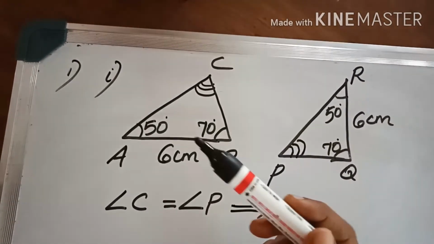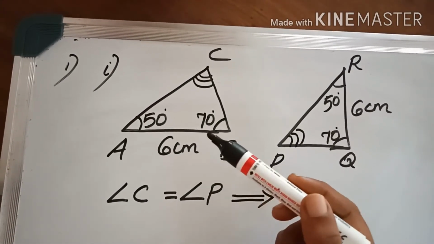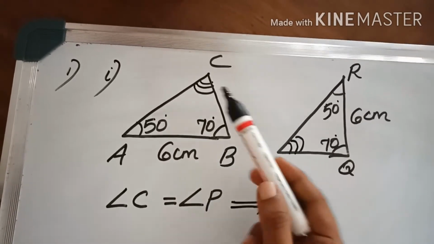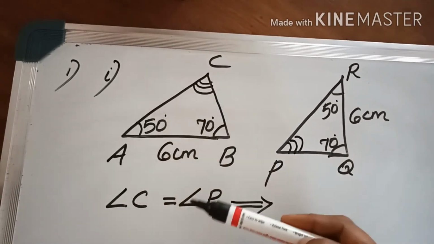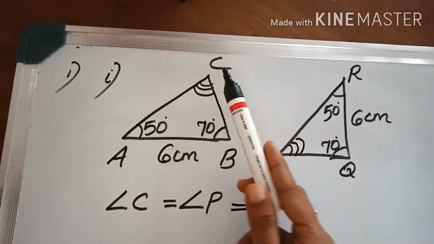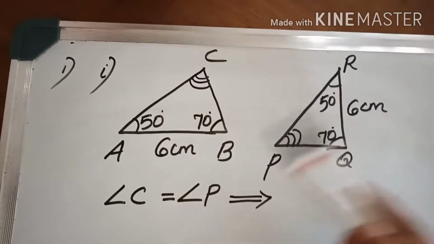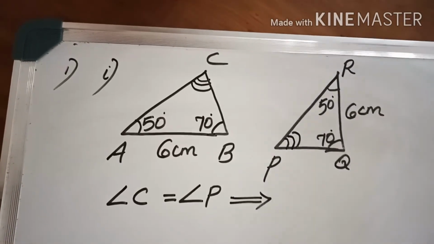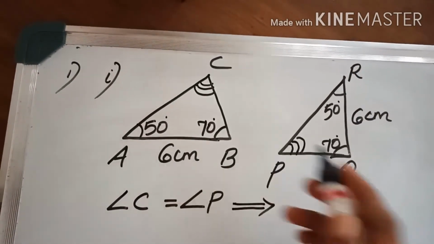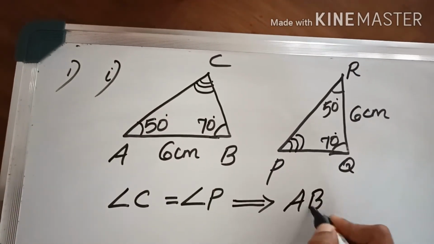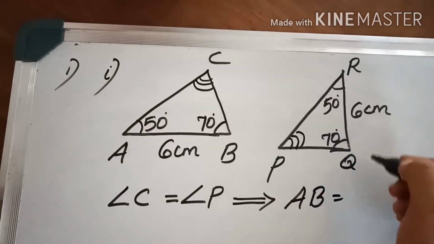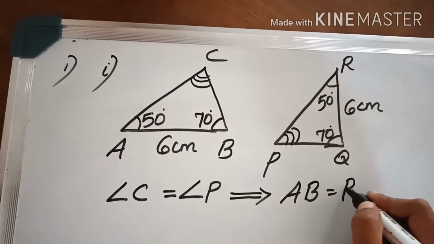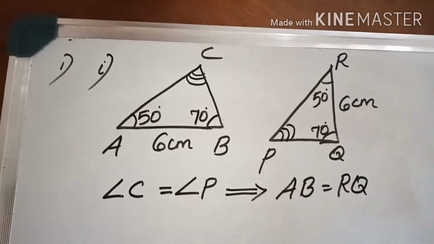First we consider the third angles, angle C and angle P. So angle C's opposite side and angle P's opposite side will be the same. That we already know. AB is the same as what? The third angle's opposite side, that is RQ. In the question itself it is given.